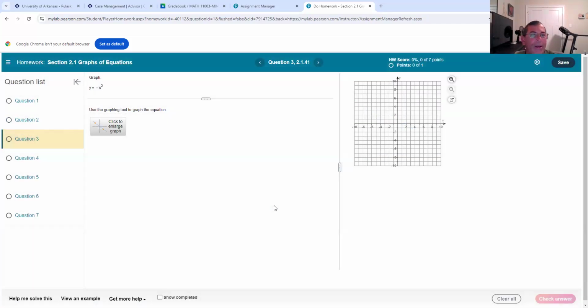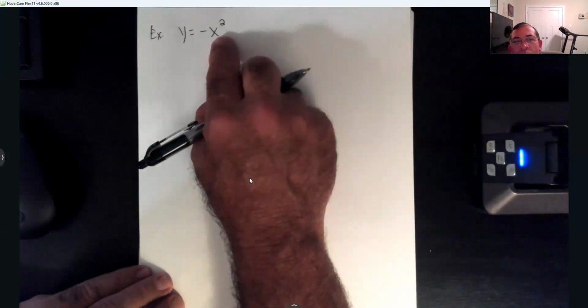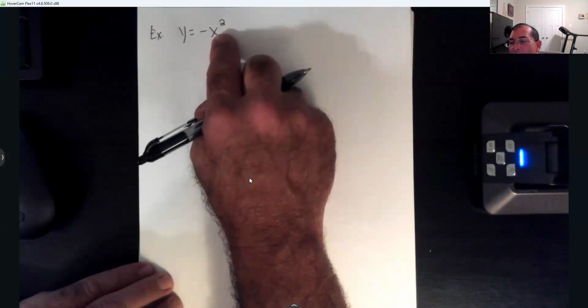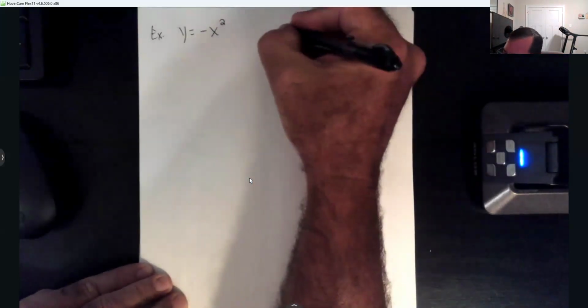All right, y'all, look what's coming up. y equals a negative x squared. All right, so let's get back to our pad. These x squared graphs, they call them the x squared tool.